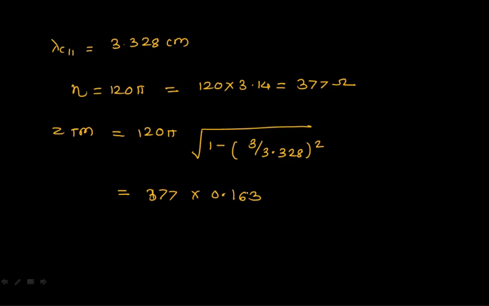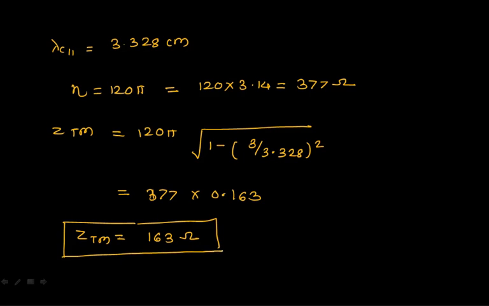So by calculating this value, I'll get 163 ohm. So this is nothing but the impedance of your wave, which is TM11. So always the TM impedance is less than the intrinsic impedance, and for TE it is greater than your intrinsic impedance. So this is the problem based on the impedance of this one.